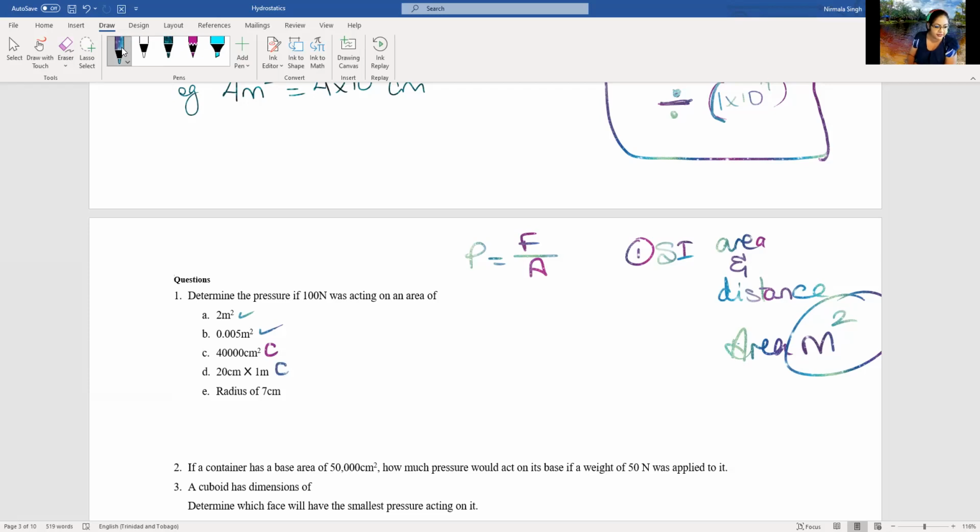And an area of a circle of radius 7 centimeters. How do you find the area of a circle, folks? This is like primary school maths. How do you find area of a circle?